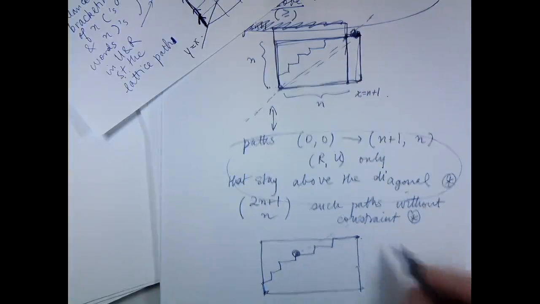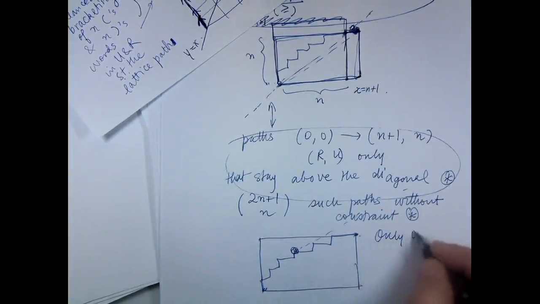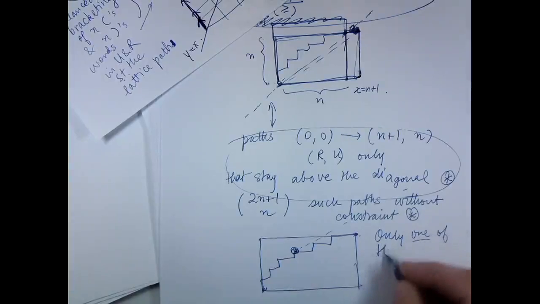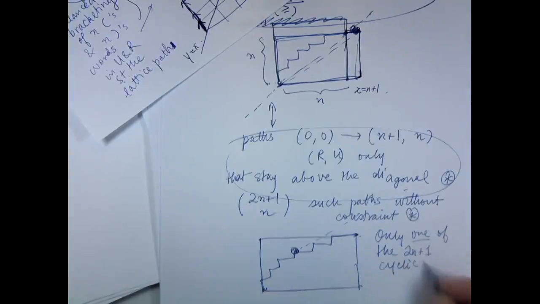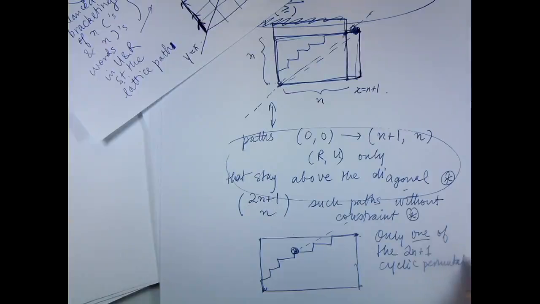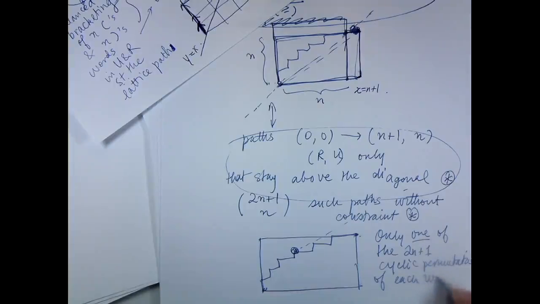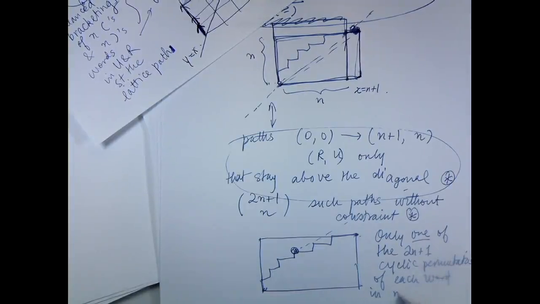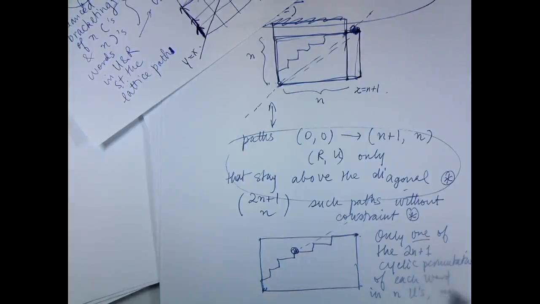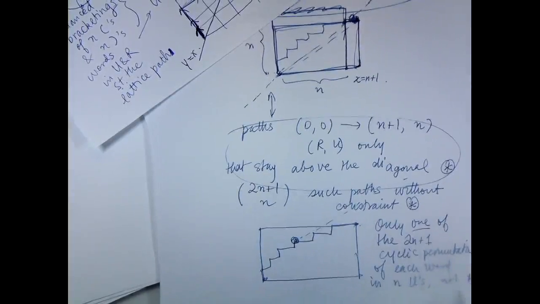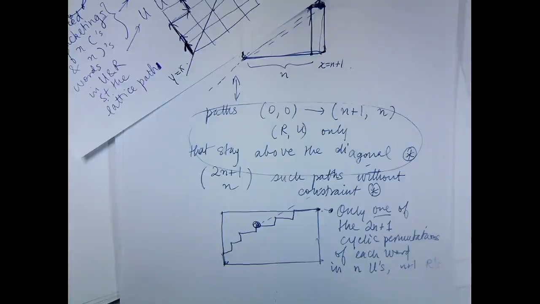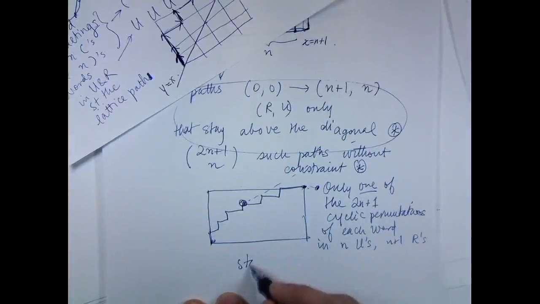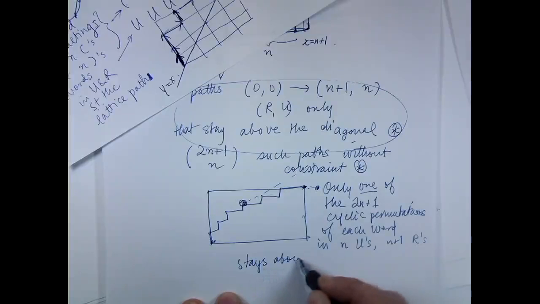So only one of the 2n plus 1 cyclic permutations of each word in n U's and n plus 1 R's, because I have to have n ups, n plus 1 R's, only one of each one of those 2n plus 1 cyclic permutations stays above the diagonal.